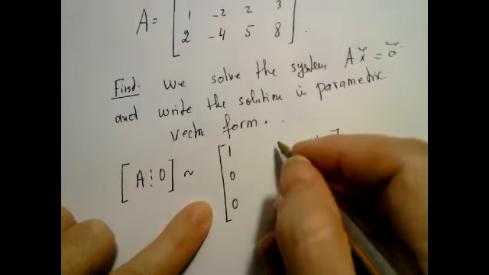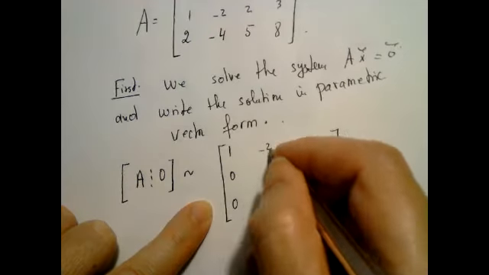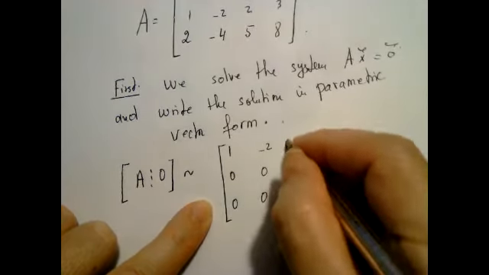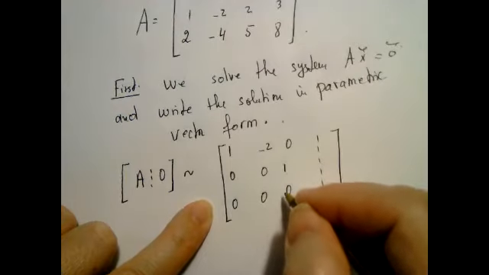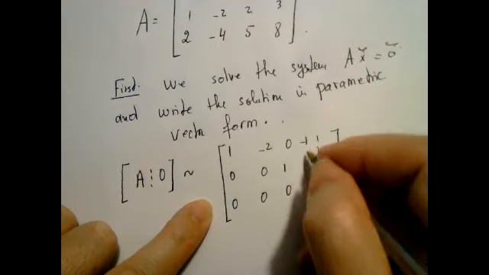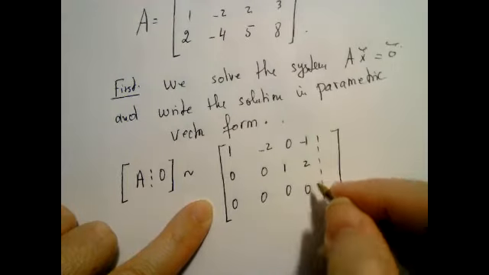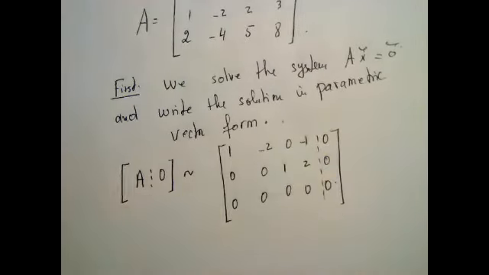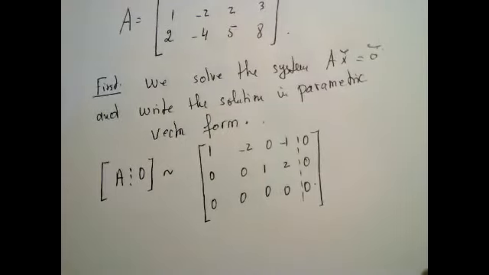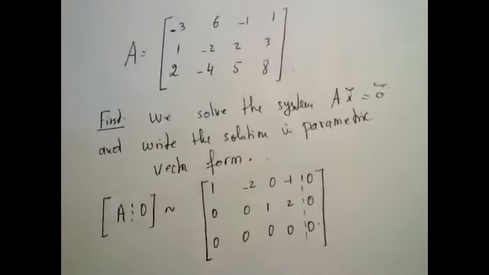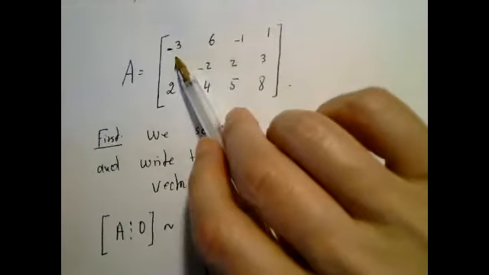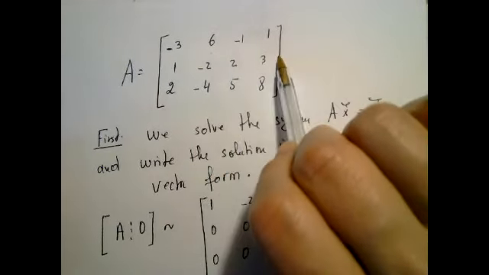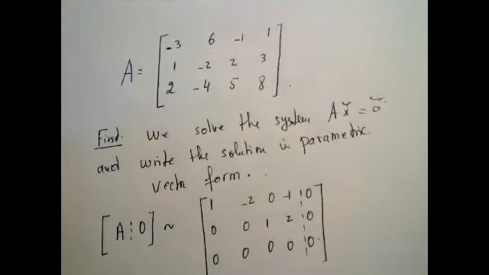So 1, 0, 0, minus 2, 0, 0, 0, 1, 0, minus 1, 2, 0, and 0, 0, 0. What was in the first row of A? Minus 3, 6, minus 1, and 1. All right?